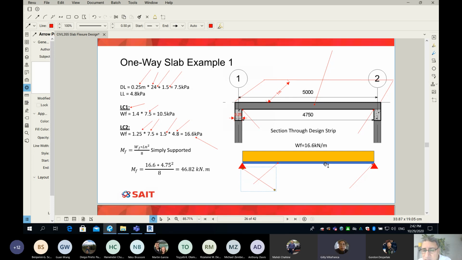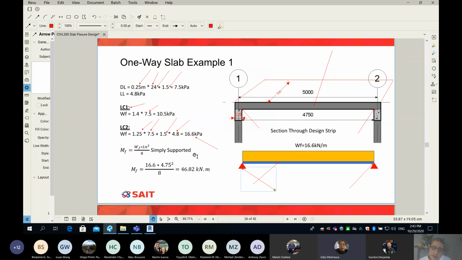If my design strip is simply supported and my span is 4.75, what is the moment? WF is 16.6, multiplied by the width squared, WL squared over 8.